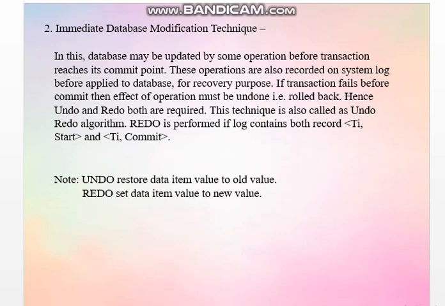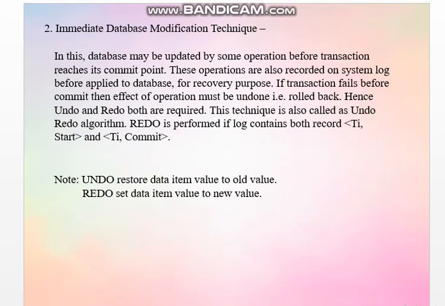Hence, undo and redo are both required. This technique is also called the undo-redo algorithm. A redo operation is performed for a log which contains the records Ti start and Ti commit. Note: undo restores the data item to the older value, and redo sets the data item to the new value.